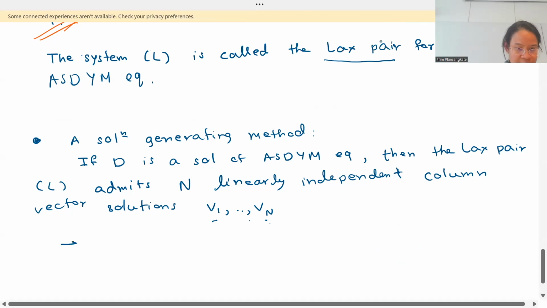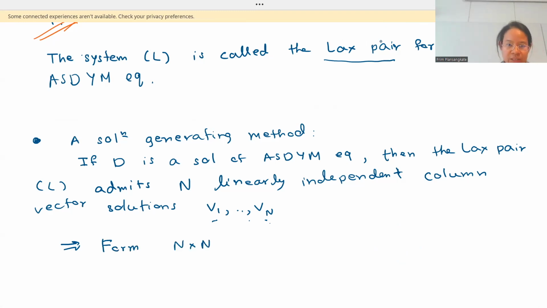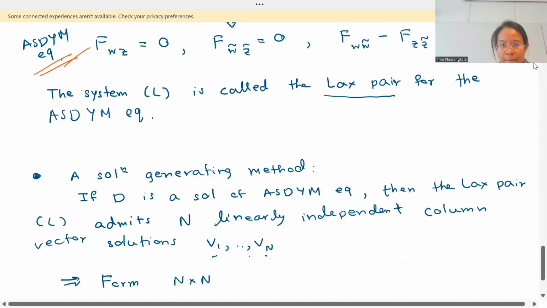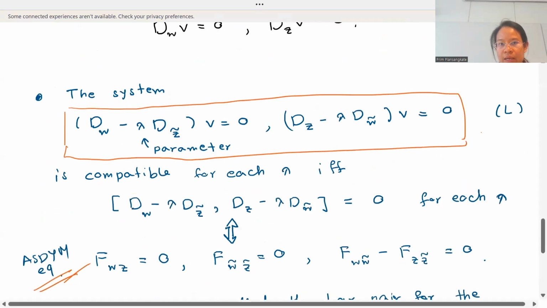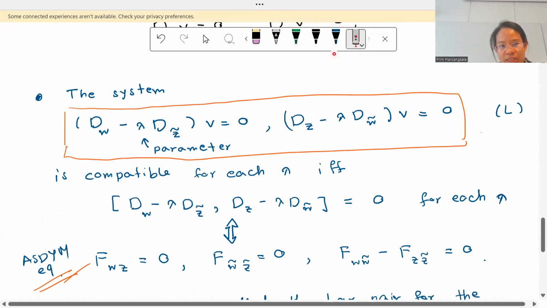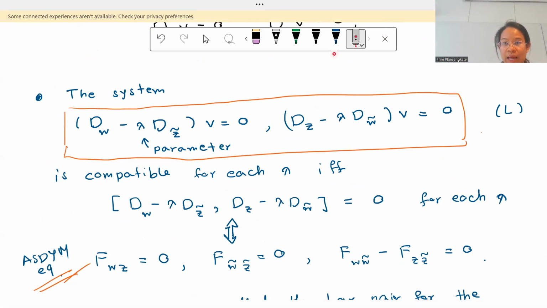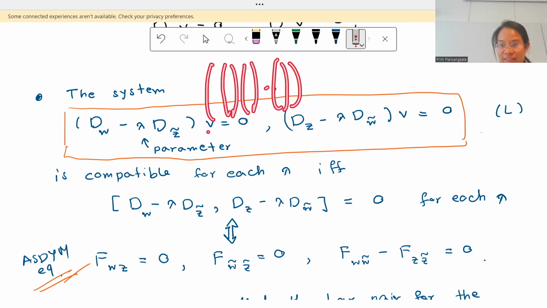This means we can form an n by n matrix solution of the Lax pair. I wrote the Lax pair considering a column vector solution, but since we have n linearly independent of them, we can form a matrix solution by putting the n vector solutions as columns of this.